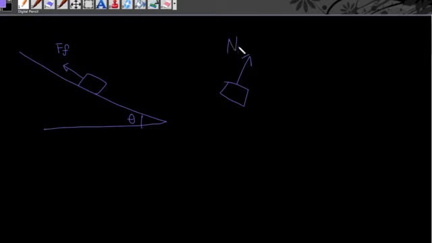So the first option says that there's a normal force, there's also the friction force, and then there's the force of that, and finally there is mg.